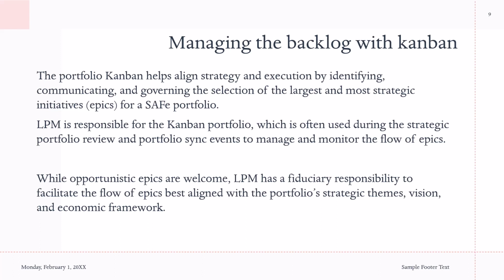And for execution, before those epics are broken down into features, the team must really understand the business value, the priorities, and the risks and dependencies. To do all that, you need a portfolio Kanban system that can help you walk those epics through the system.